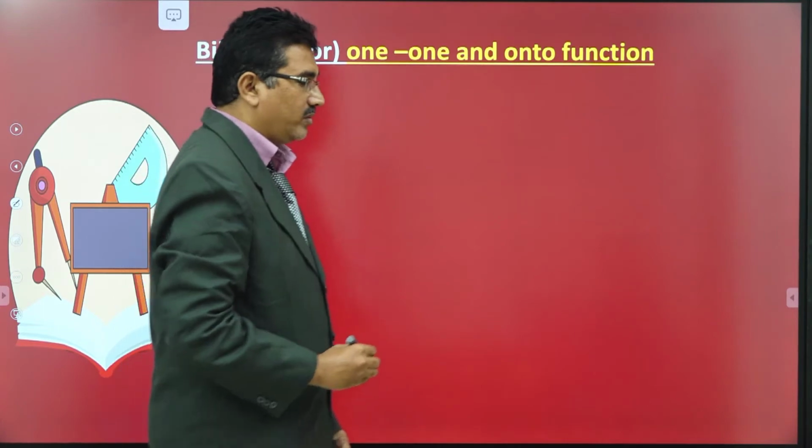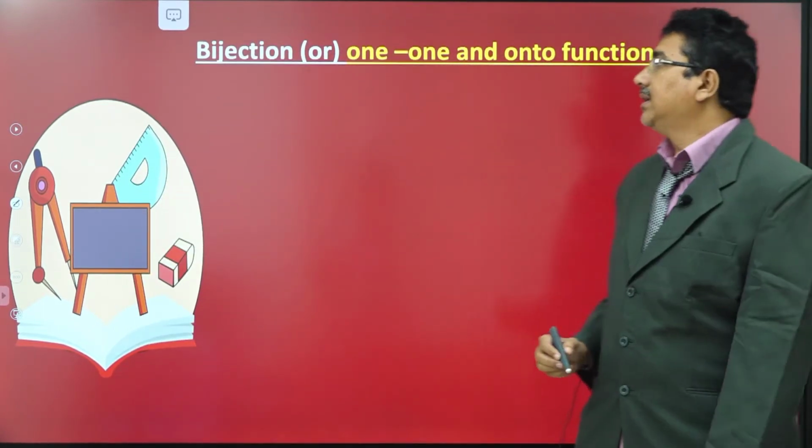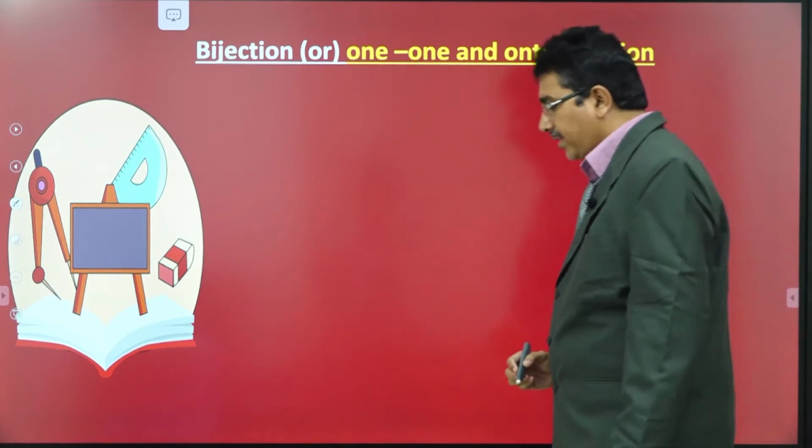Right? Now, bijection or one-one and onto function.